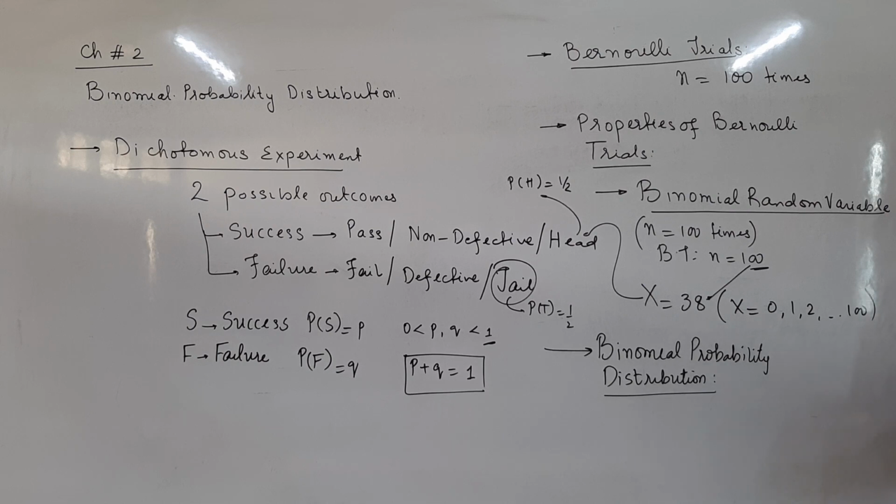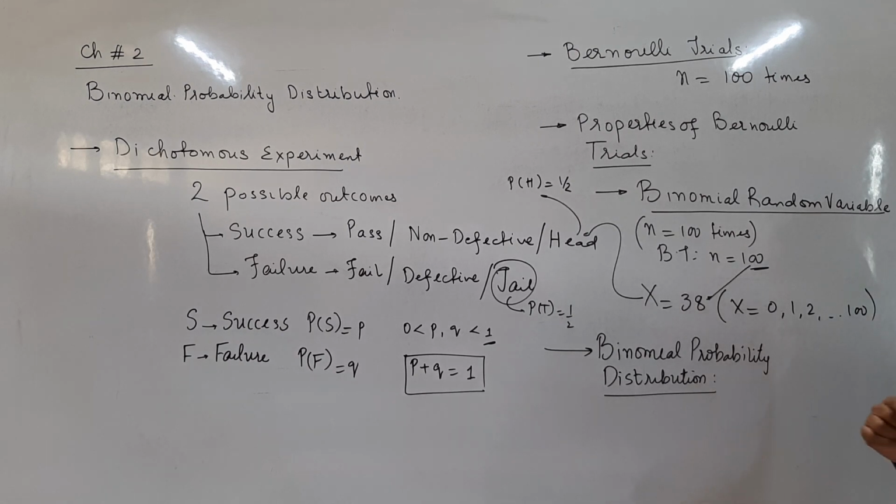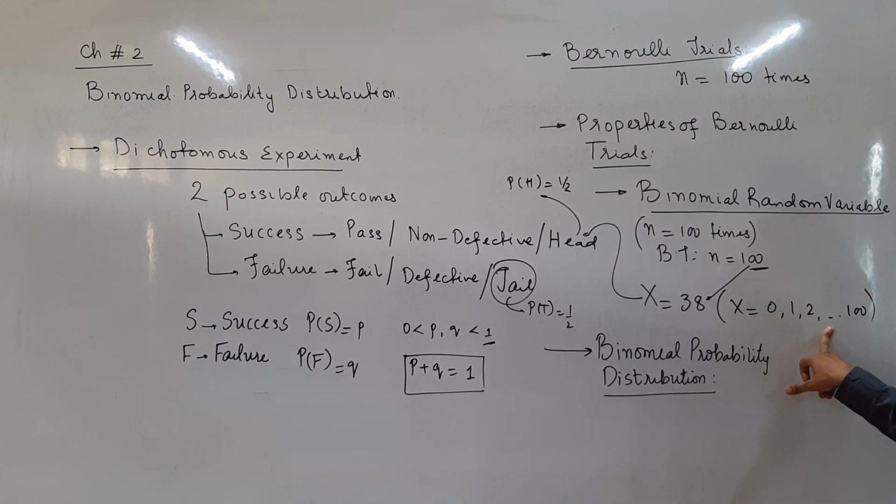Probability distribution means what? For different values of x, the total probability 1 is distributed. You distribute the total probability 1 between the possible values of the random variable, here the binomial random variable, and that is simply called probability distribution. Remember, for different values of this binomial random variable x, probabilities are distributed.